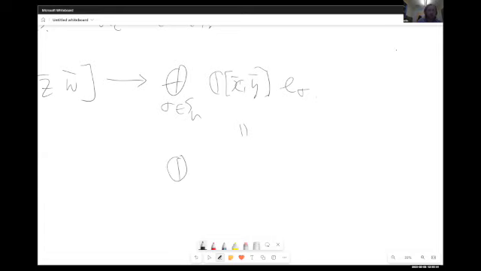But now the fixed points, I'm going to realize as the direct sum over all compositions A in Z greater than or equal to 0 to the n of just Cx bar times y to the power of A times E sigma.